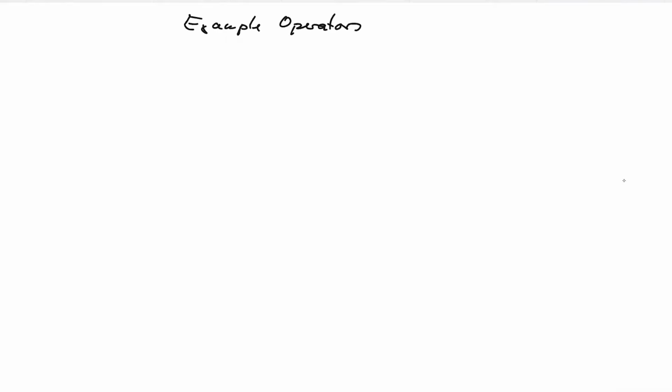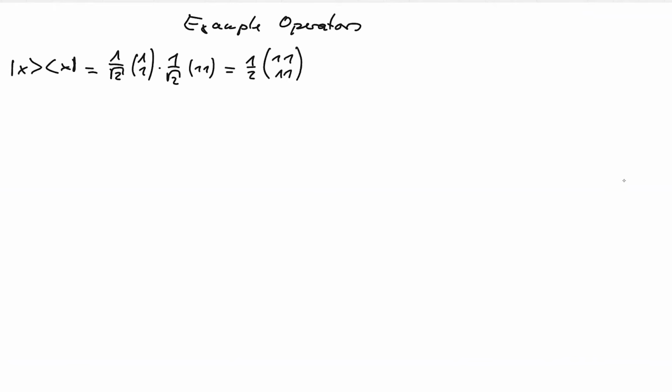So for example, x times x equals 1 over square root of 2, (1, 1) times 1 over square root of 2, (1, 1). And this results in 1/2 times the matrix filled with ones. And when we now separate out two matrices, then this is simply 1/2 times the unity matrix plus Ix.